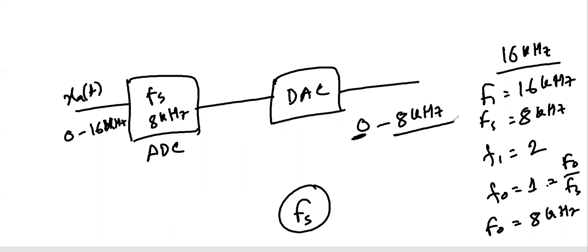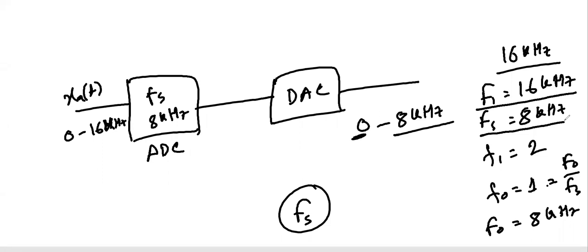Should we have made any problem over there? Because it should not be 8 kilohertz. Probably I have made some mistake. Okay, let's start with the first. If this is 16 kilohertz with sampling frequency Fs equal to 8 kilohertz, then what is the value of f1?